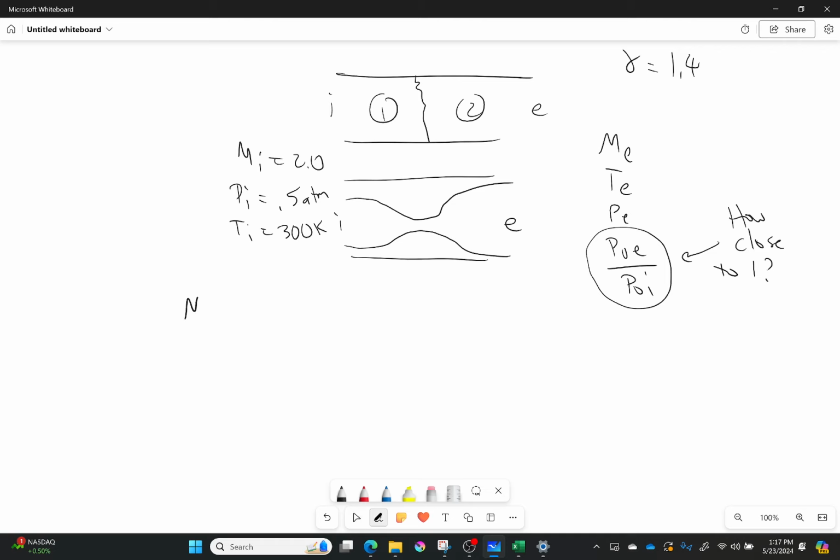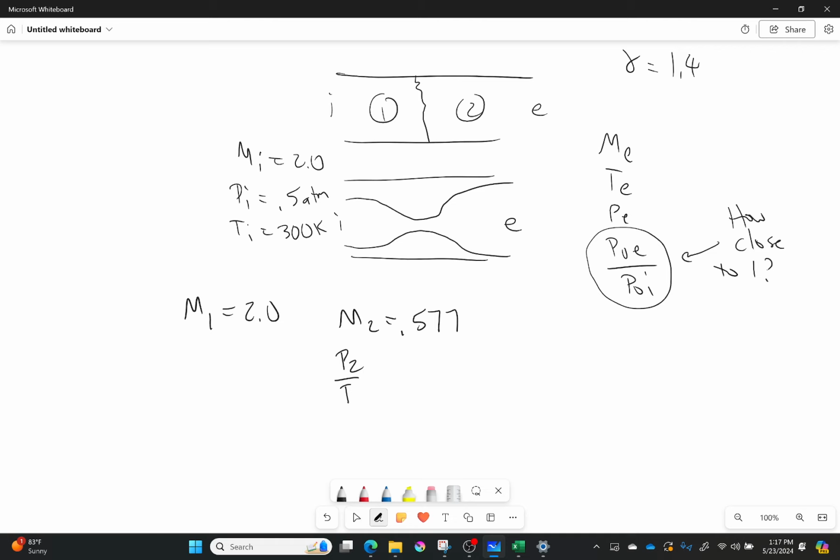For M1 equal to 2.0, I'm not going to go over the shock table since I've shown that to you several times now, but you can see what I'm writing down. This will be helpful for future reference. For M1 equal to 2.0, M2 is equal to 0.577.